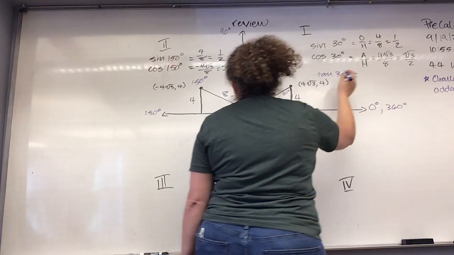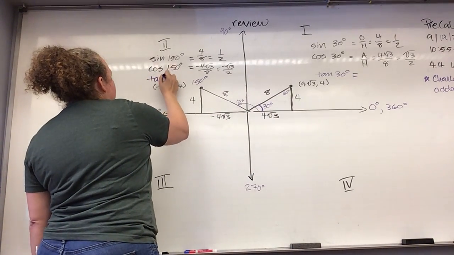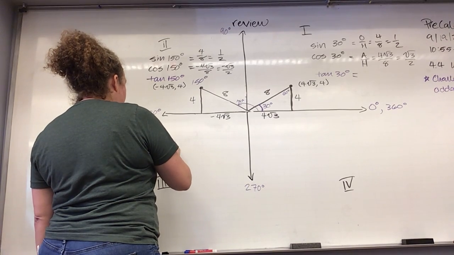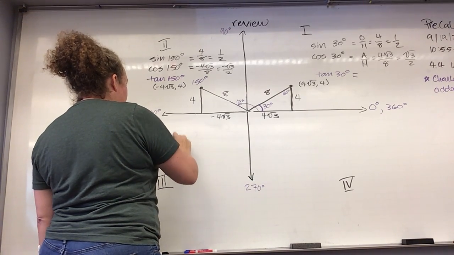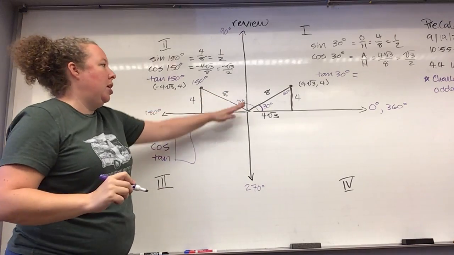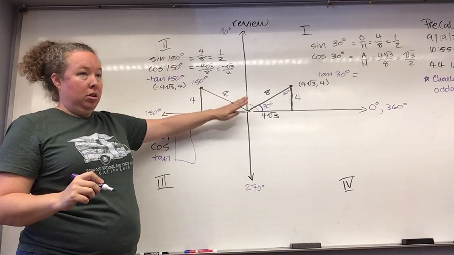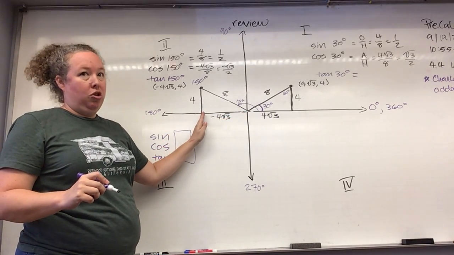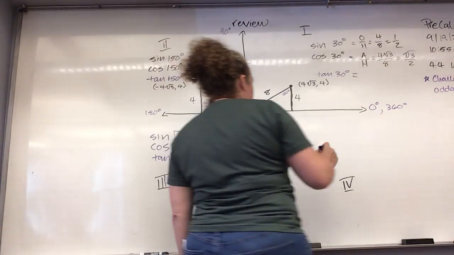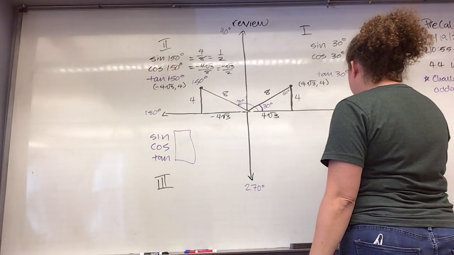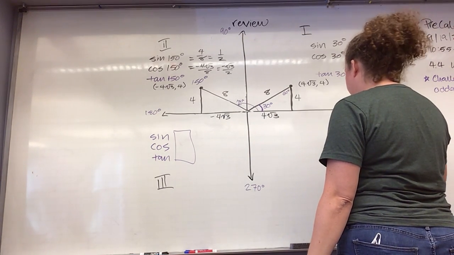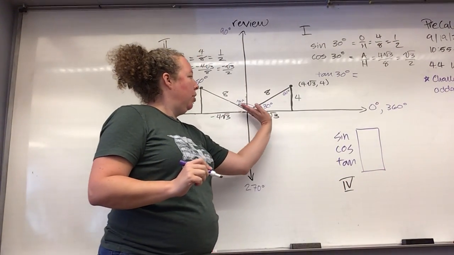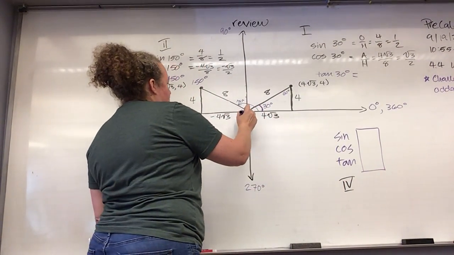Tangent of 30, tangent of 150, sine, cosine, and tangent of what the angle will be here in the third quadrant to create the same reflected triangle, and sine, cosine, and tangent of what the angle will be here to create the same reflected triangle.